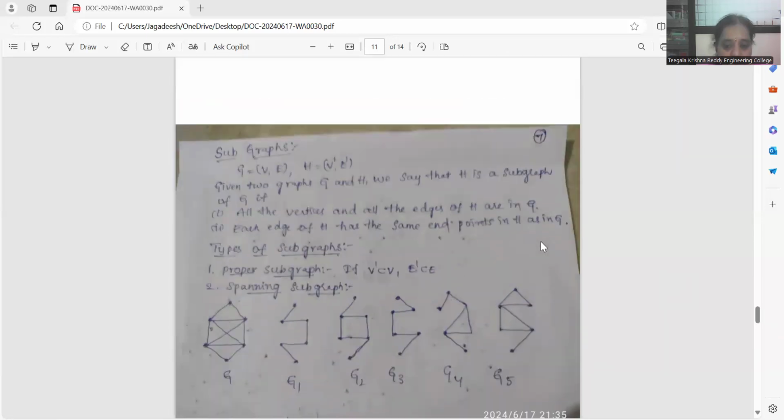So what is a proper subgraph? The vertices and edges of H should all be from G.